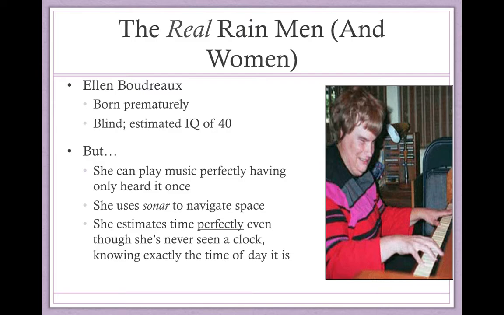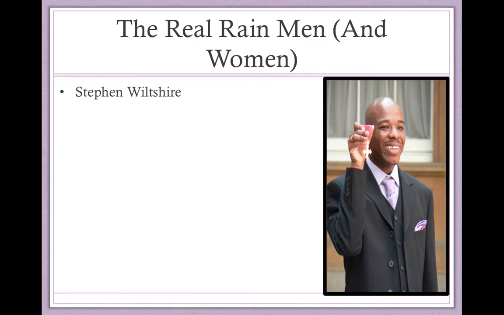So the IQ of 40 indicates that she is not intelligent, but all of these abilities are amazing. These are amazing abilities that indicate intelligence for sure. Well, not for sure, but you could argue that they indicate intelligence.